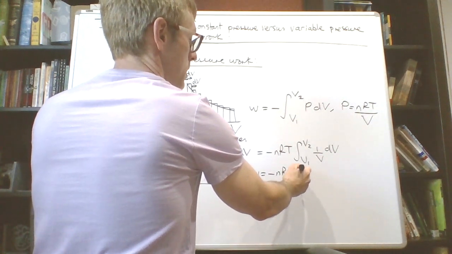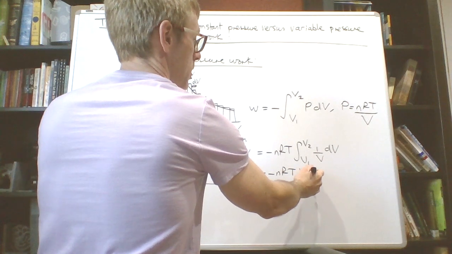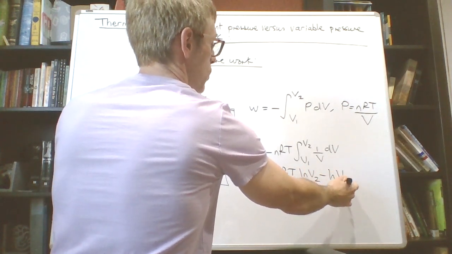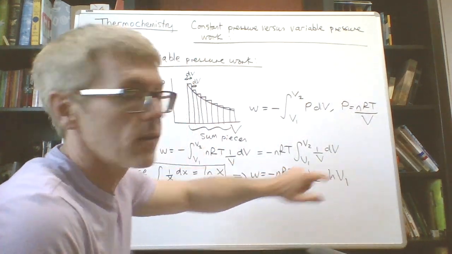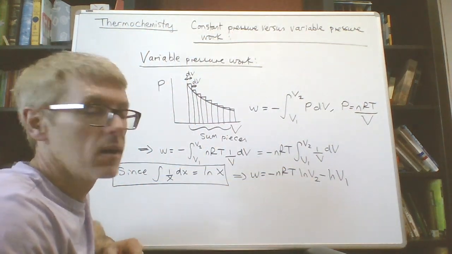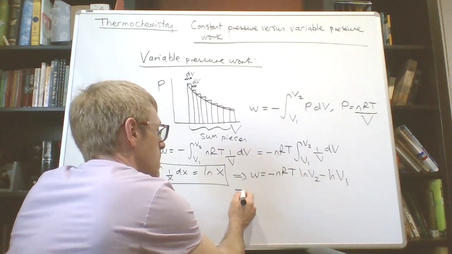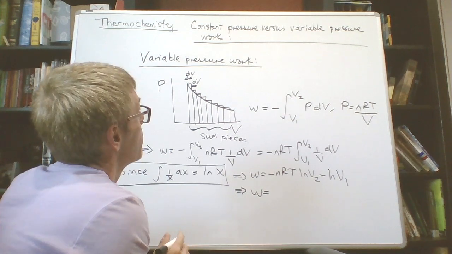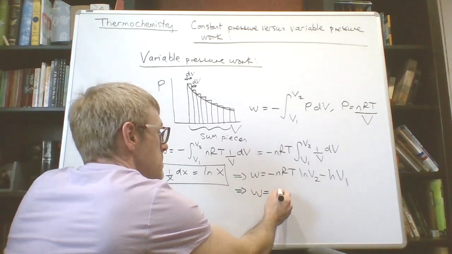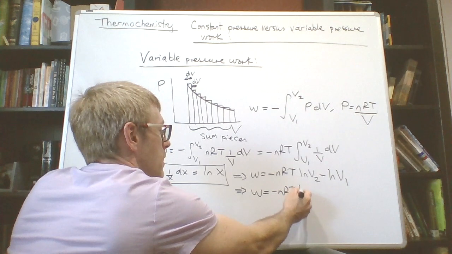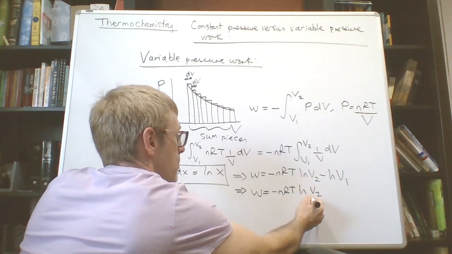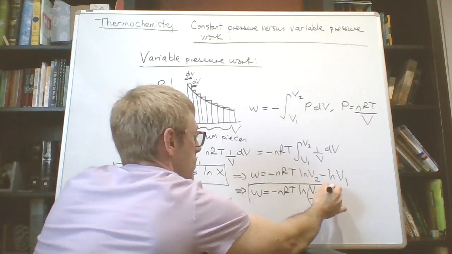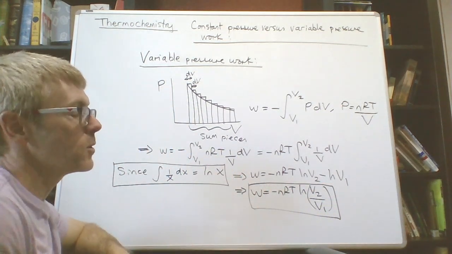So it's going to be log V2 minus log V1. And I can rewrite the difference of logs as the log of the ratio. So I've got work, now my variable pressure work, is minus nRT log of the ratio of volumes. So that's my new equation.